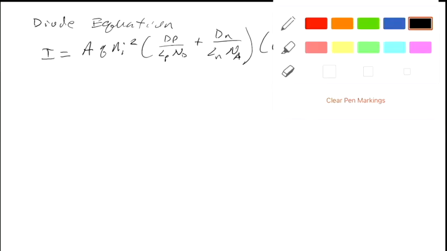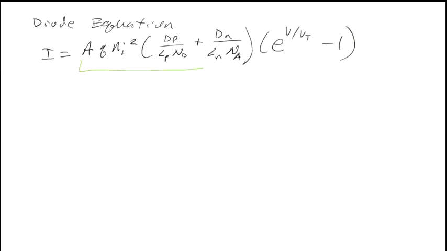And this whole thing right here, for any given device, is a constant for some device parameters. And we call that the scale current.